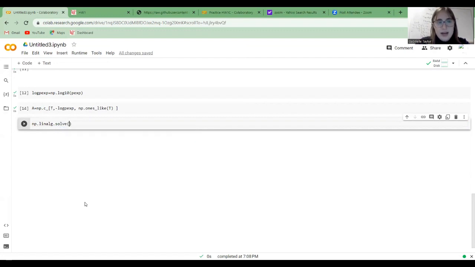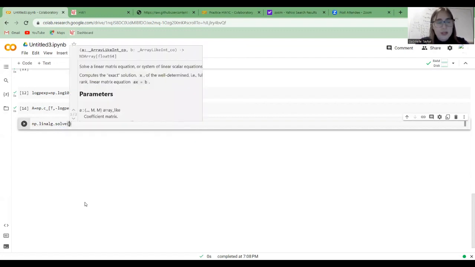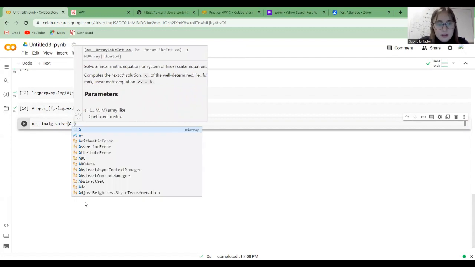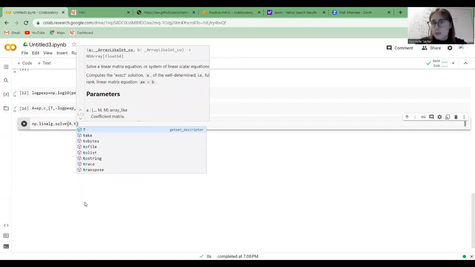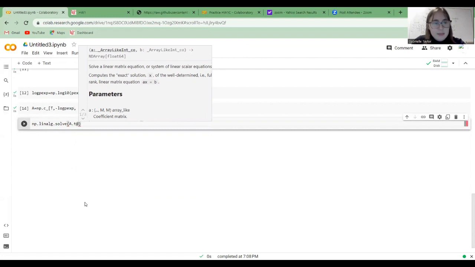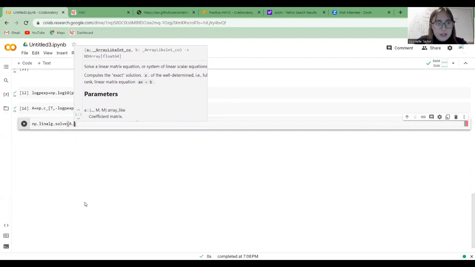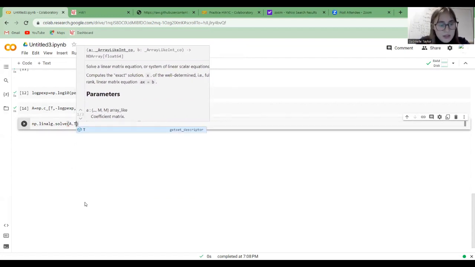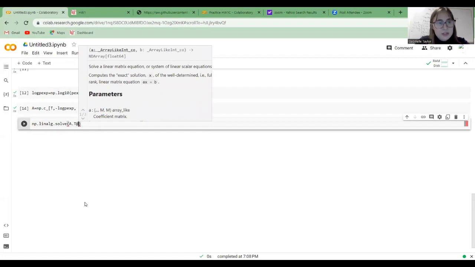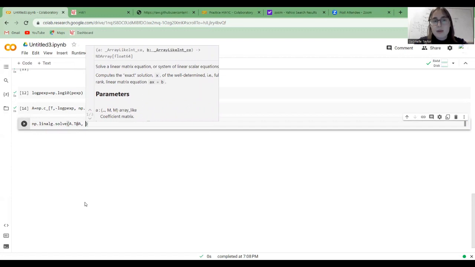That's solve. And then the first thing we're going to do is A dot T times A. And then when you multiply two matrices, it's going to be the at symbol. I need to actually capitalize that T, then the at symbol, and then just our matrix that we made. And then our second one is separated by a comma.